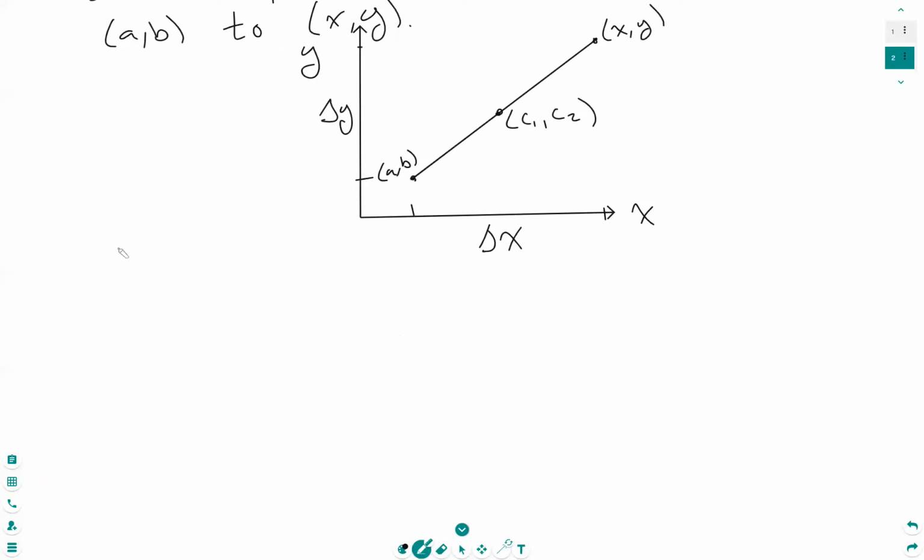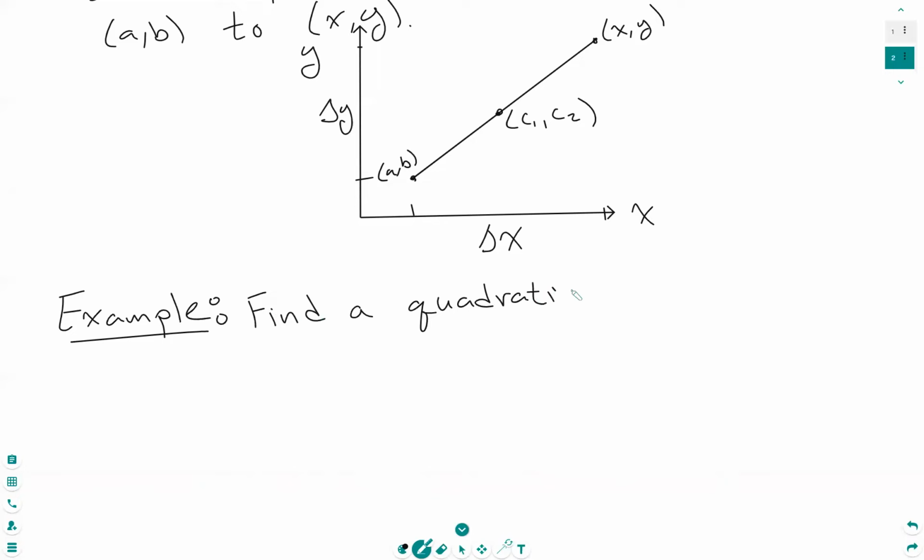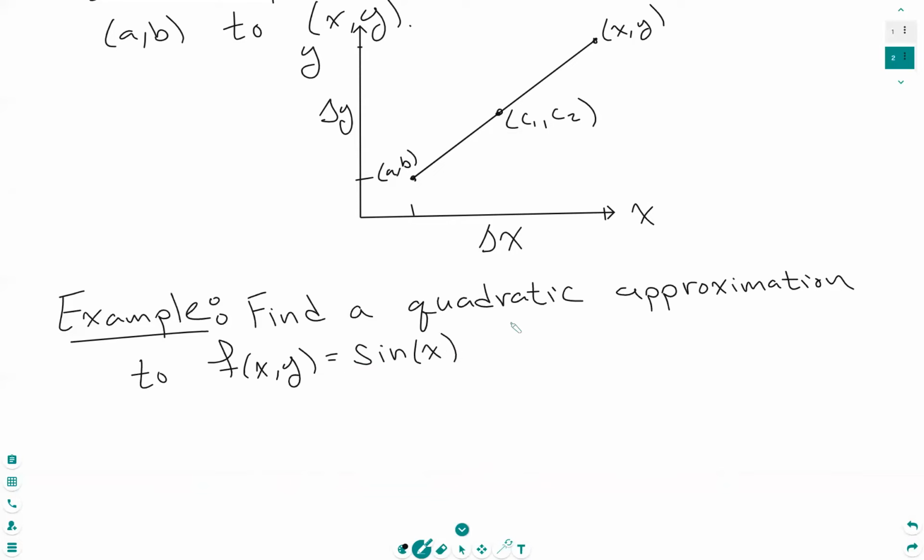Okay, so let's do an example. Let's find a quadratic approximation to the function of x and y, which is sine of x times sine of y near the origin.